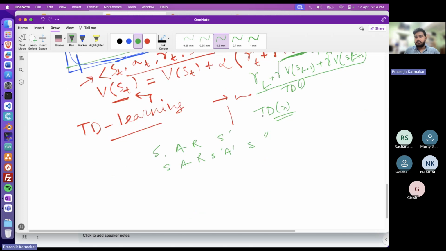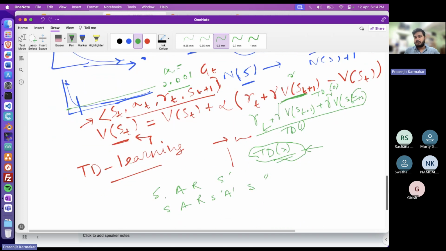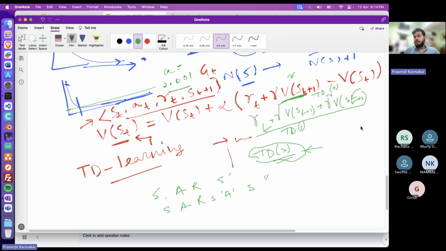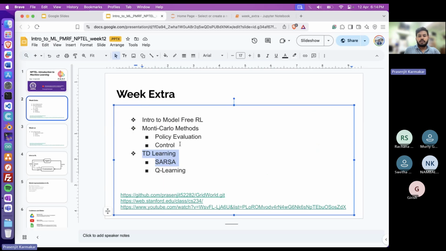So the general form is TD lambda. However, TD0 works quite well. In most cases, TD0 is sufficient for these small Gridworld environments. What we did yesterday mostly was Monte Carlo methods. That means you keep on interacting with the environment, update your value and number of counts, update your total return for a particular state and total number of visits of that state, and take an average to get the value, right?